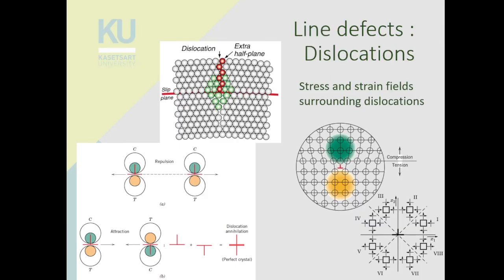This is not in your slide, but I just want to add something here, right? If you look at this picture here, you can see this dislocation line, right? When you have an extra half plane there, you introduce residual stress, right? So you can see that you have this compressive residual stress here and tensile stress here. And imagine you have a lot of this, right?